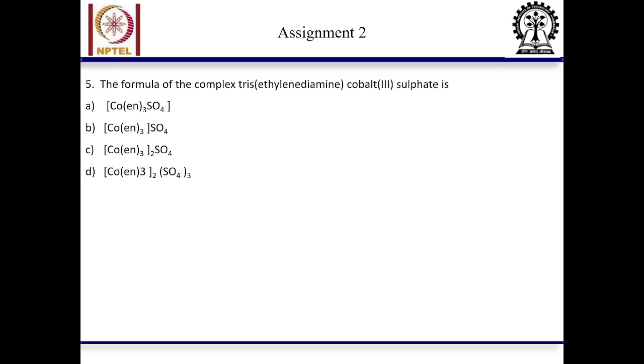Correct. The formula for tris(ethylenediamine)cobalt(III) sulfate is... can anyone just write in the chat box, because we have already had enough practice for this.